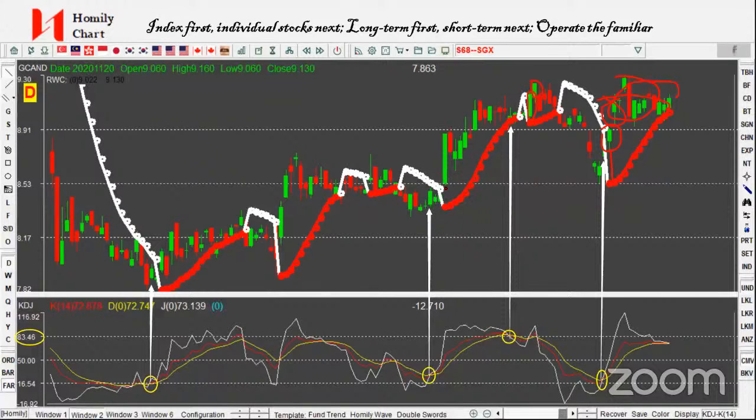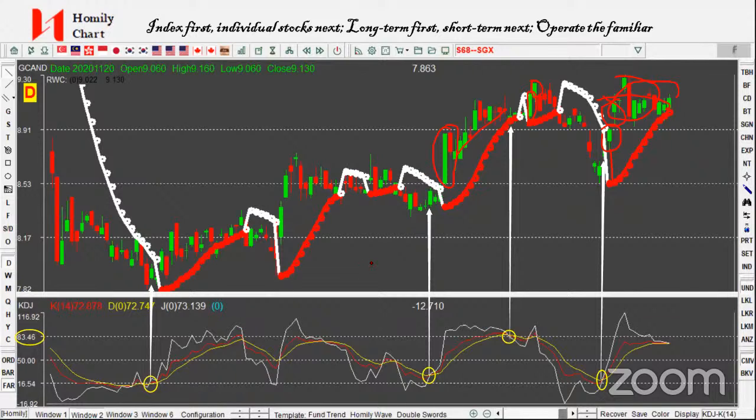And for this rally, it seems like a good rally, but the first red circle is a big rally. After you see the first red circle, it's already quite high. You buy either the following day or after the third day, then the rally here is also limited, because the biggest rally lies on the first day, the first red circle day. If you see the signal, it's already late, right?